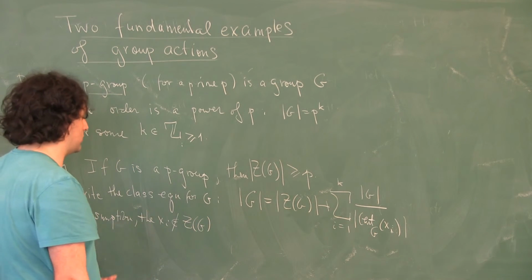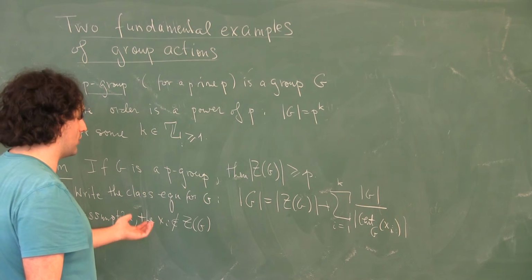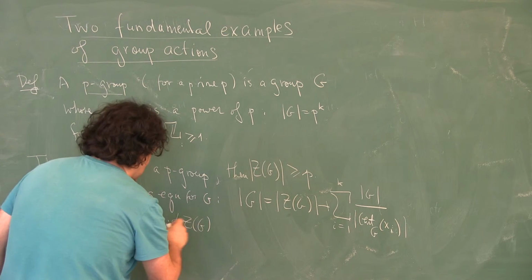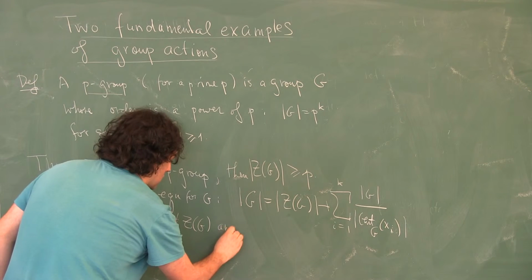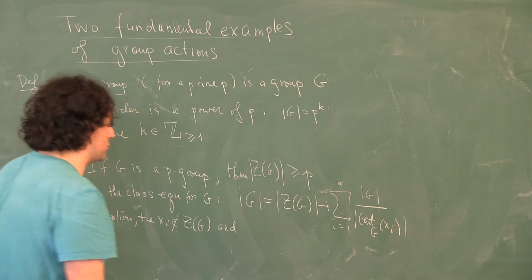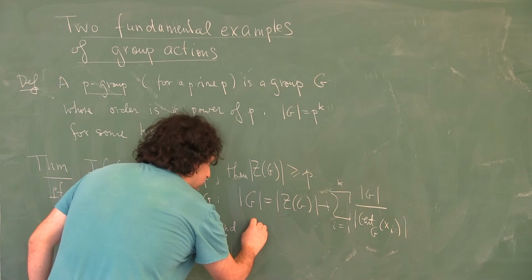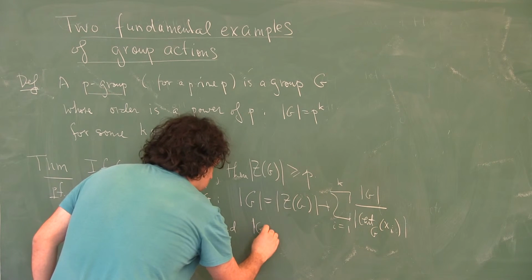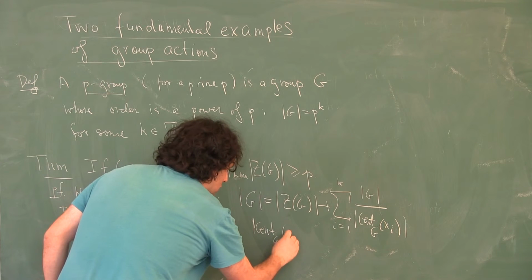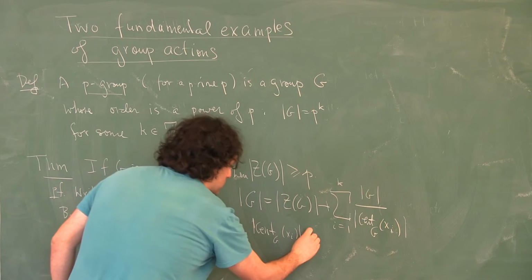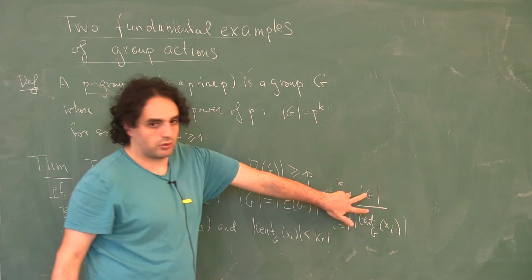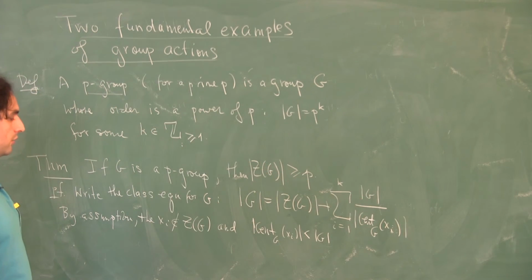That's saying that the size of their conjugacy class is bigger than 1. So they're not in the center, which means that the order of the centralizer in G of xi is strictly less than the order of G. In other words, this quotient has order bigger than 1.